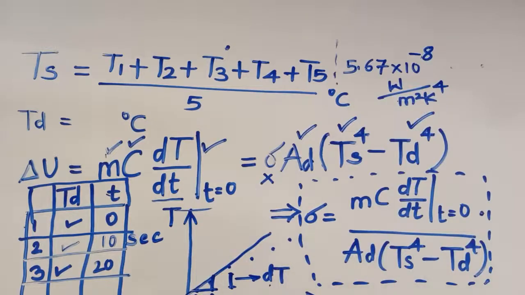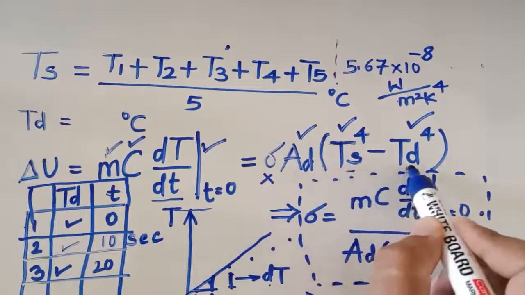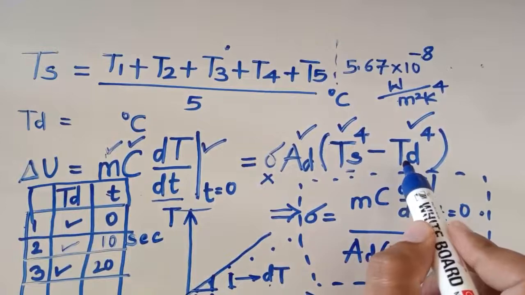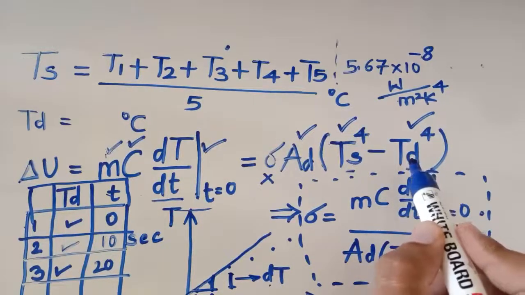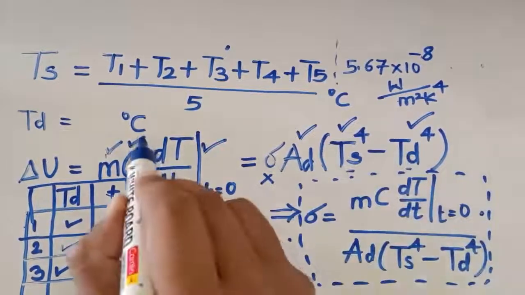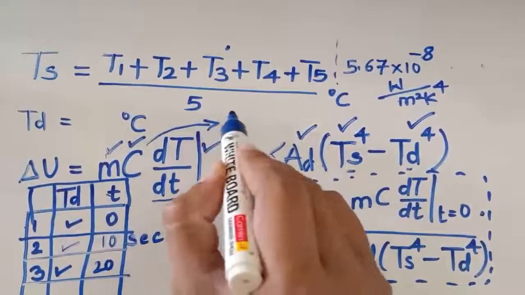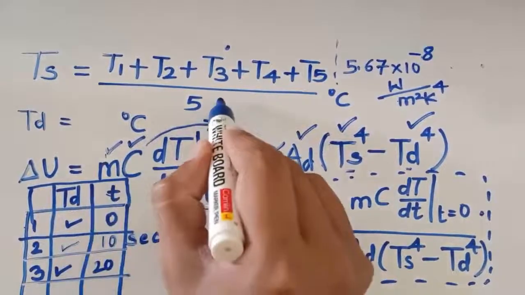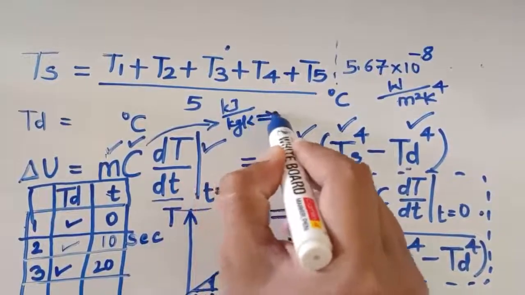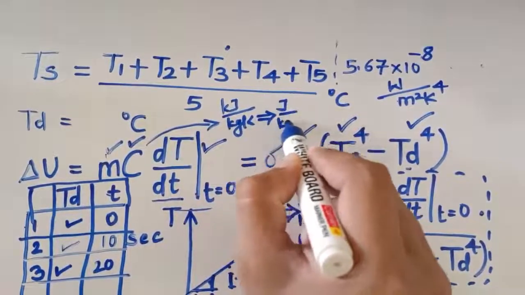Just one care that we need to take, we have to be very careful at this stage, because students generally make a mistake at this stage: when you are substituting the values of T_S and T_D in this equation, they must be converted to the Kelvin scale. If they are not converted to Kelvin, then the answer will be wrong. Also, one more mistake that students make: if C_p, the specific heat of the disk, is given in kilojoule per kg Kelvin, you have to convert it into joule per kg Kelvin.